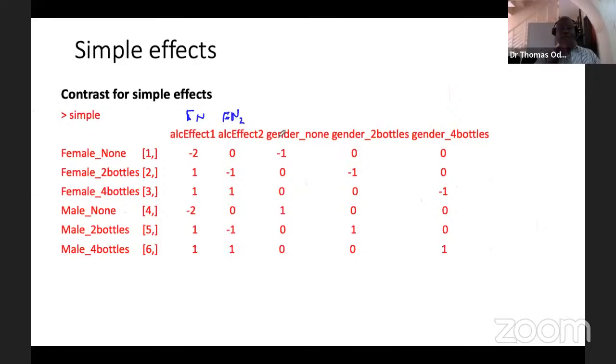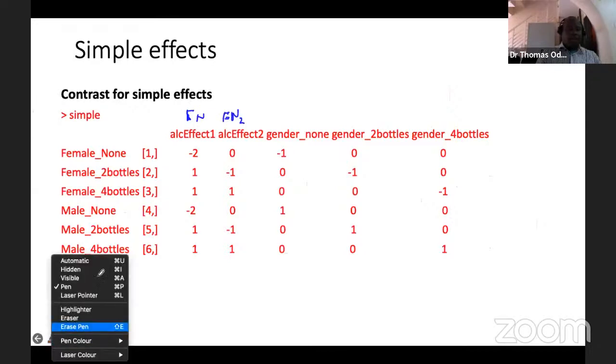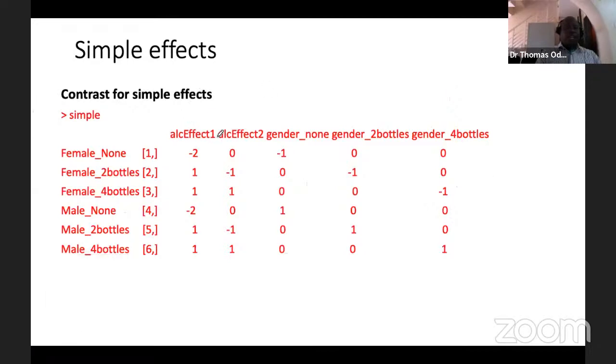Let me clean this one up. Okay, so let's look here. This is what we define as our effect 1. I'm going to try to be as patient as possible.